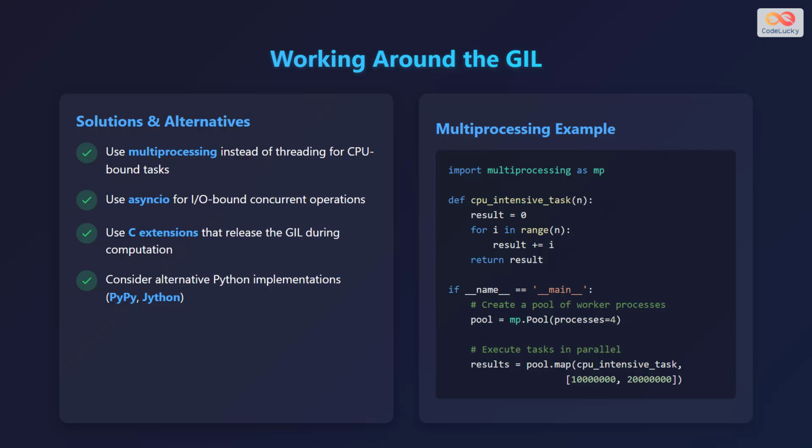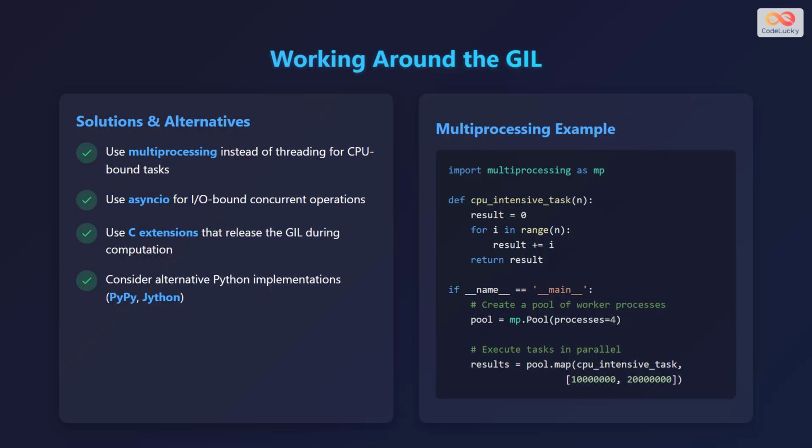Despite the limitations posed by the GIL, there are several workarounds to achieve parallelism in Python. One common approach is to use multiprocessing instead of multi-threading for CPU-bound tasks. Multiprocessing involves creating multiple separate processes, each with its own Python interpreter and memory space, effectively bypassing the GIL.